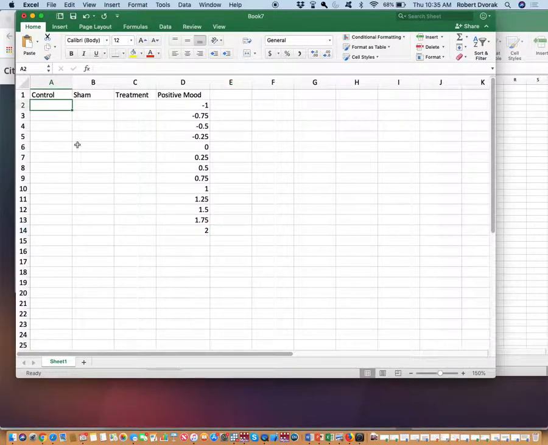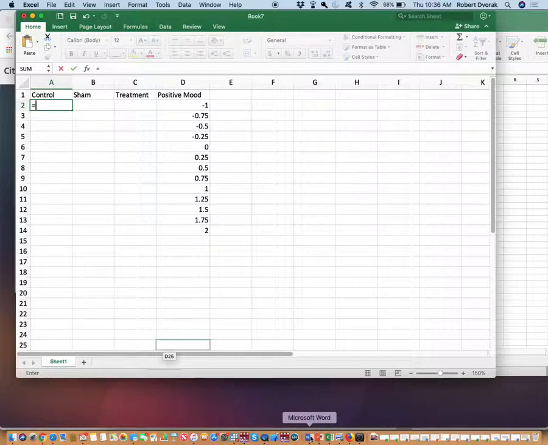So for our control group, we're going to have equals, what was our intercept for our control group?